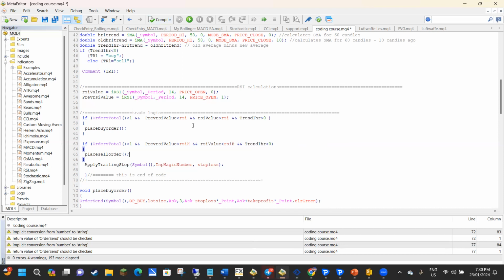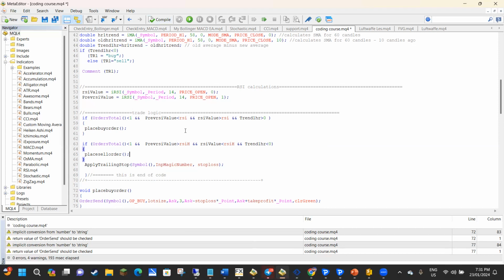Alrighty, so now what it should do is, I was running this on the 15-minute time frame. That's why I made a 1 hour trend, because I wanted to pull in a higher time frame trend. And so if the 1 hour trend's going up, it's only going to be looking to take out buy orders. So it doesn't matter what the RSI does.